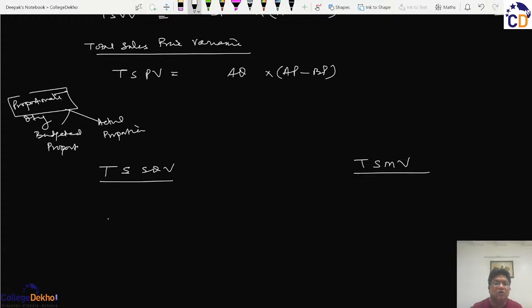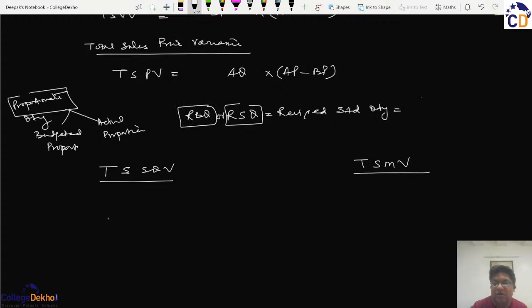And therefore, to calculate this, we also calculate RSQ, that is revised standard quantity. When we use the word RSQ, we can also use the word RBQ, because as I said earlier, in the case of sales, whatever is budgeted is presumed to be the standard. So it can be revised standard quantity, or it can be revised budgeted quantity.